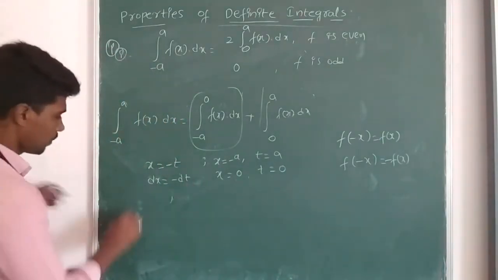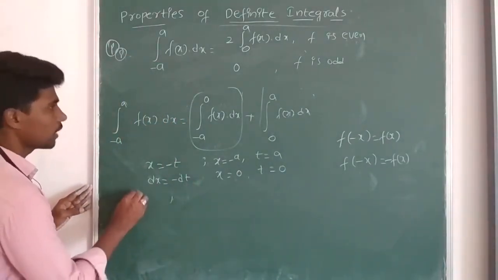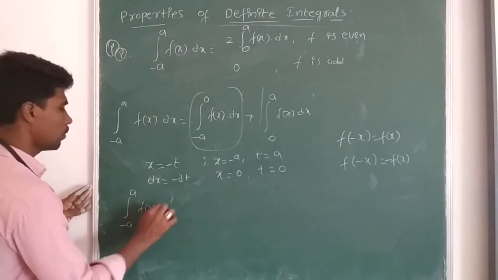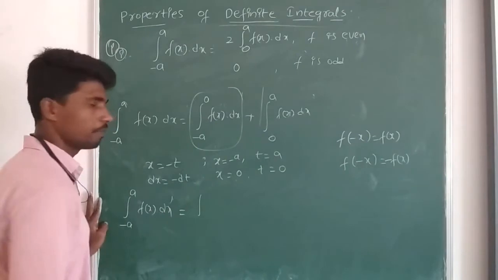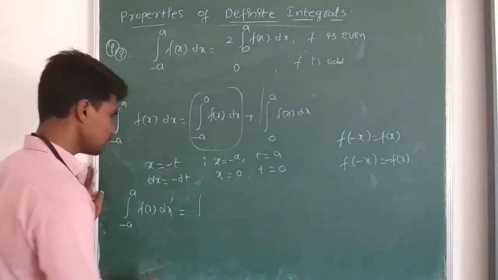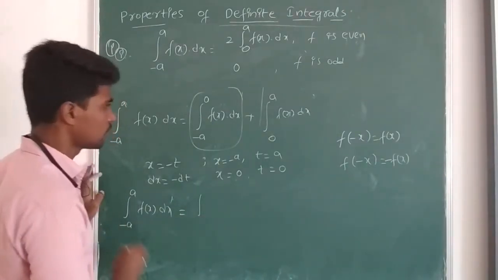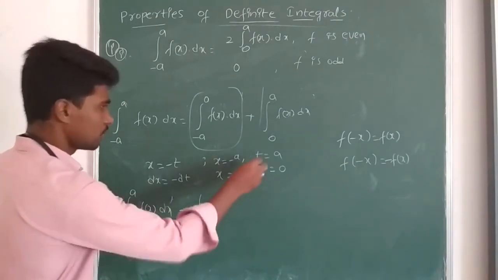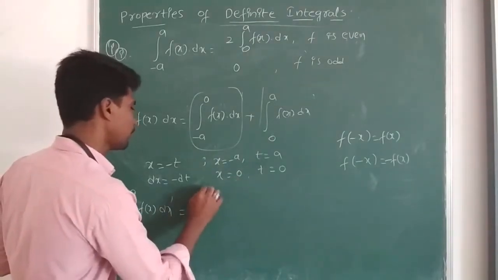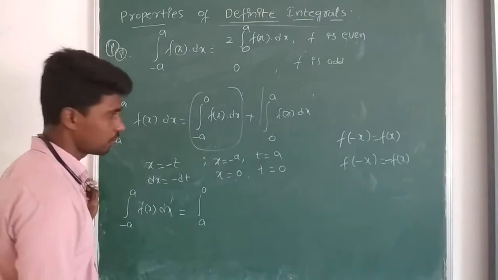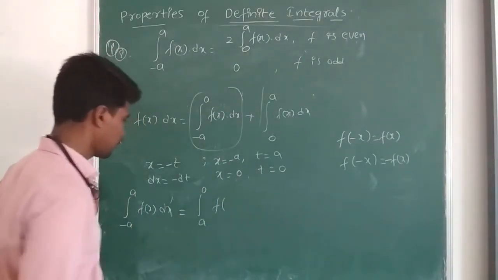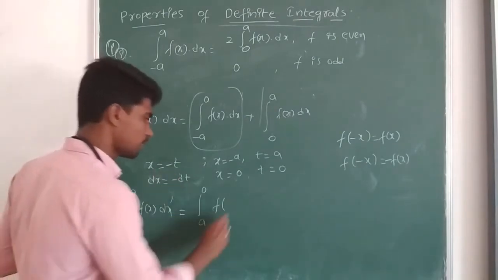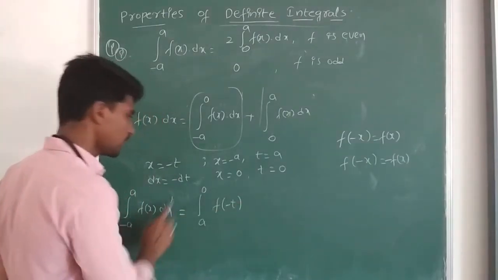So now the integral from minus a to 0 of f of x dx is equal to the integral with limits a to 0, and in place of x I substitute minus t, and in place of dx we get minus dt.